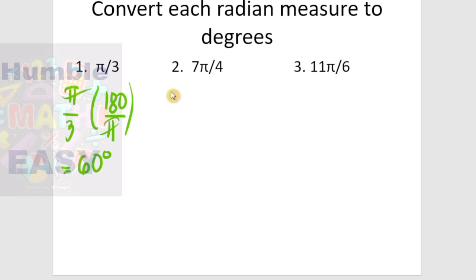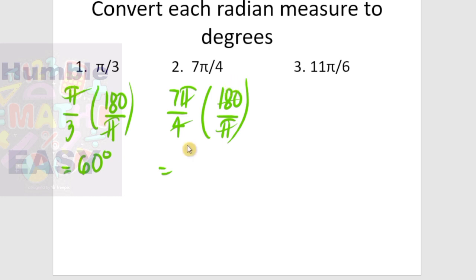Another one is 7 pi over 4. Multiply by 180 over pi, so the pi cancels. 180 and 4 are both divisible by 4, so 4 divided by 4 is 1, and 180 divided by 4 is 45.